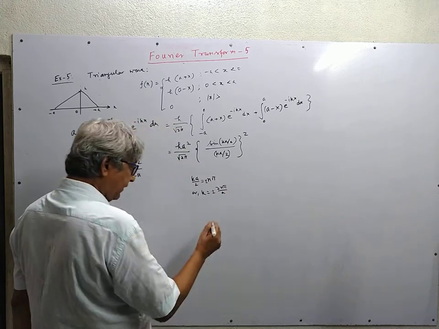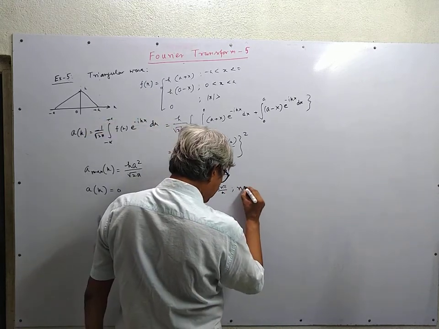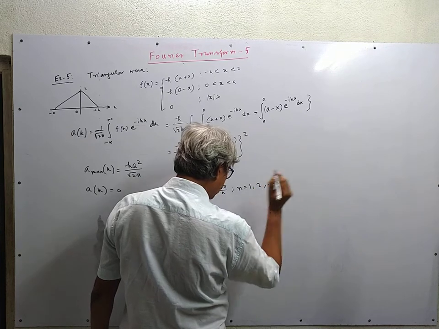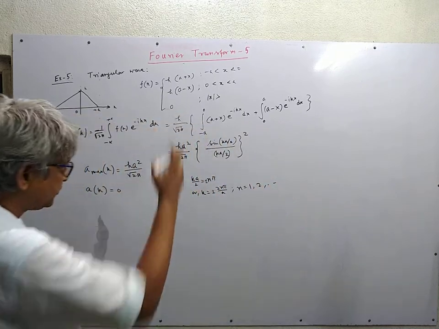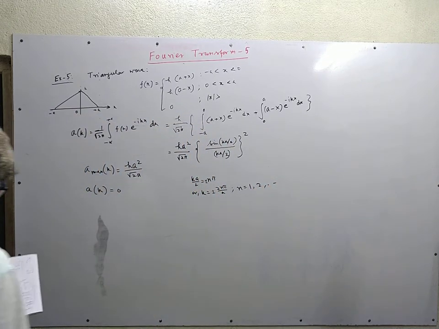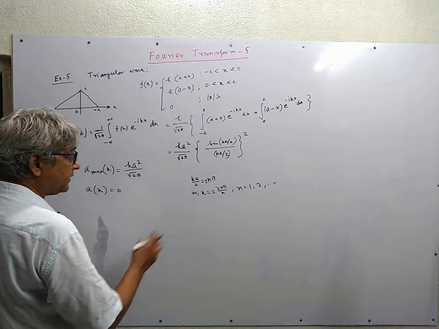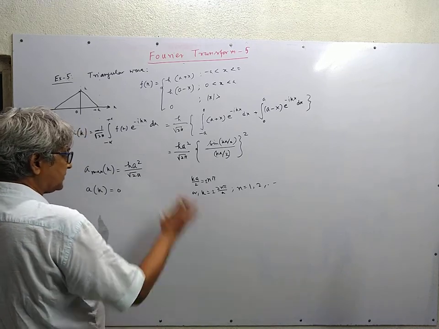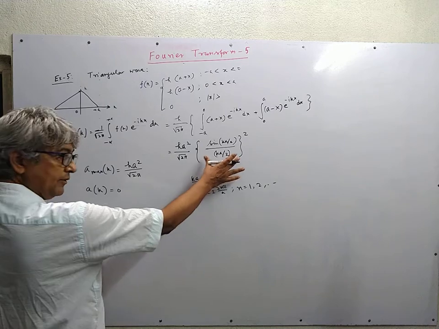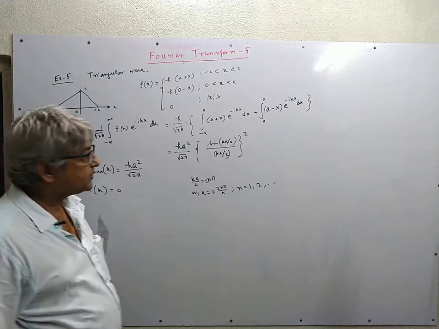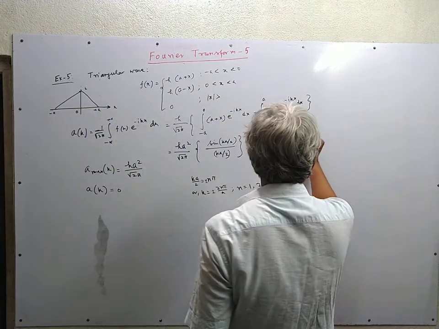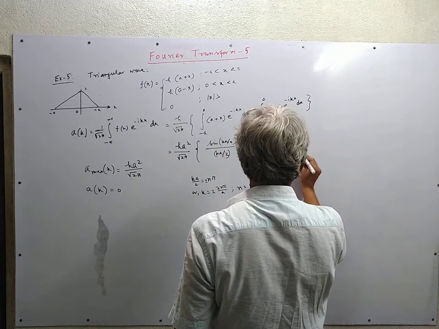These are the zeros, and n is equal to 1, 2, 3, not 0, because at n equal to 0 it has a maxima. So the graph is, and furthermore note that since it comes as a square, the graph is always positive. It never goes to 0.